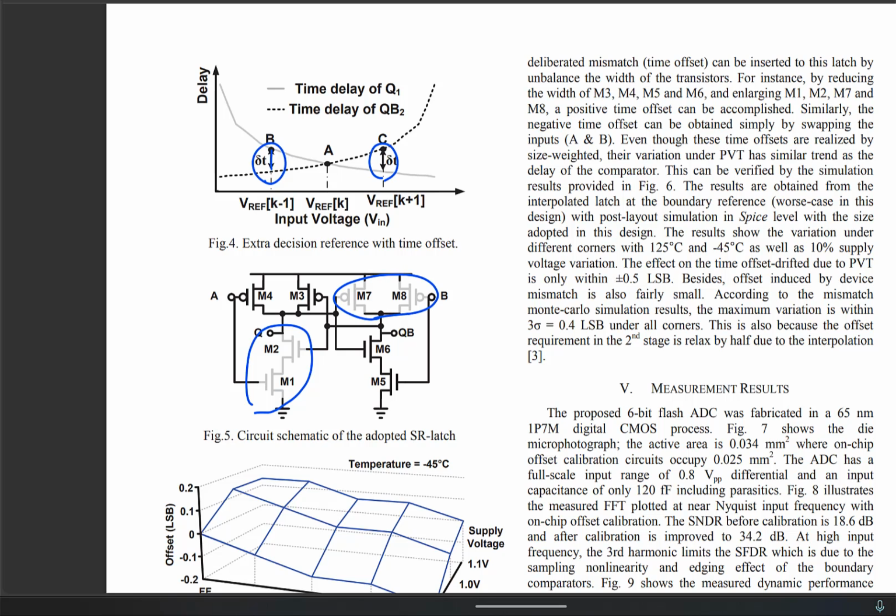See, nominally these two should be identical, these two should be identical, but they intentionally make, I think, sizes of this one smaller or larger to create that imbalance. Same with PMOS. So this again is one clever way of using a bug in your circuit and making it a feature, right? So this is one line of thought.